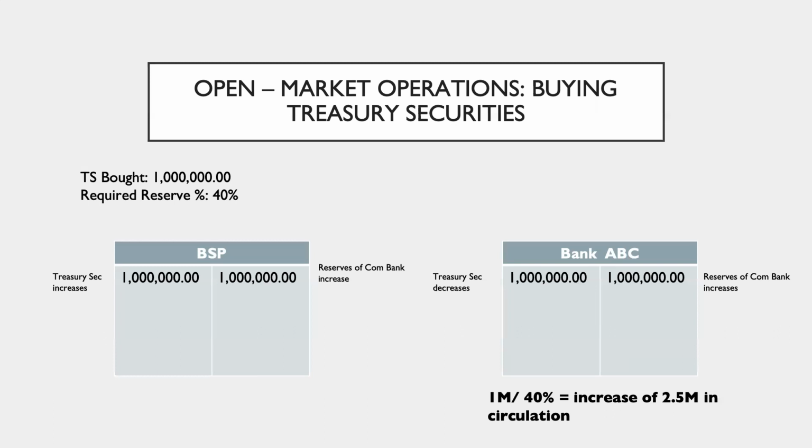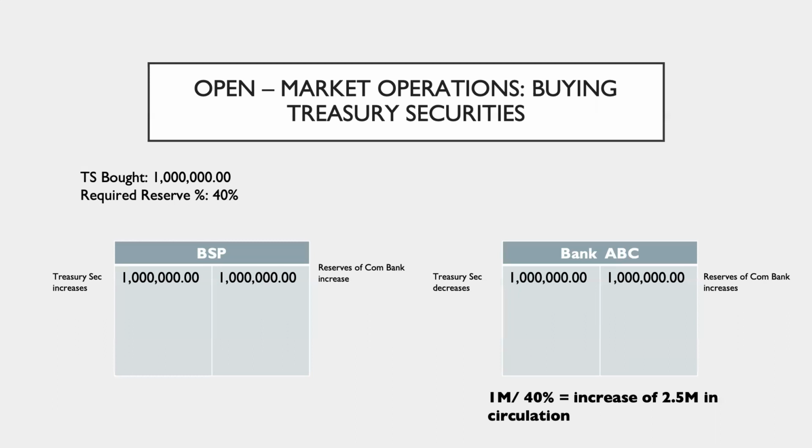All right. For recap, we see here the ledger of the BSP and the bank. From the bank's perspective, it has decreased its treasury securities because it sold them to the central bank, and gained excess reserves from the proceeds of the sale. The proceeds will then be used in lending more money to its individual depositors and increase consumption.